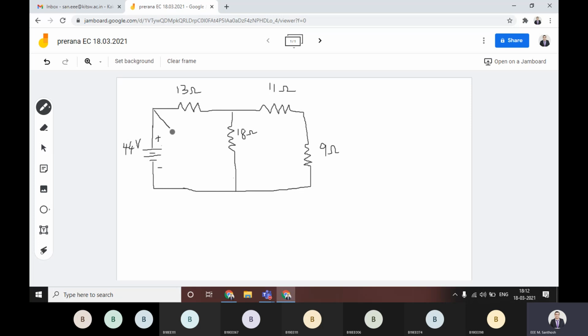And there is a resistor connected here also. This is 22 ohm and there is another resistor connected here. This is 14 ohm.